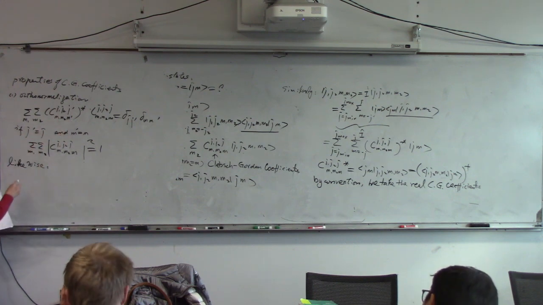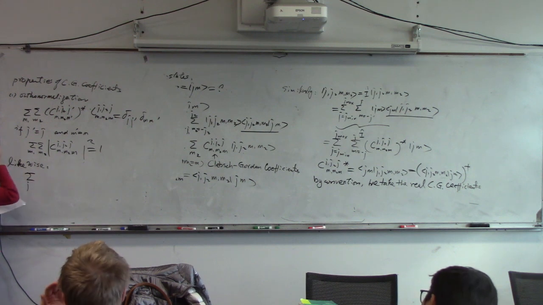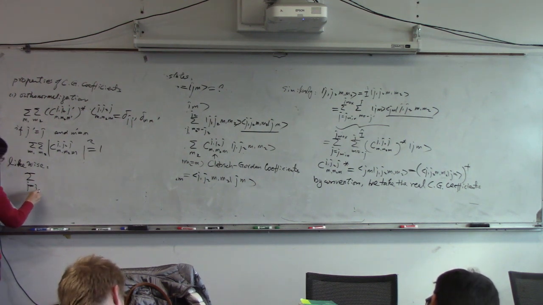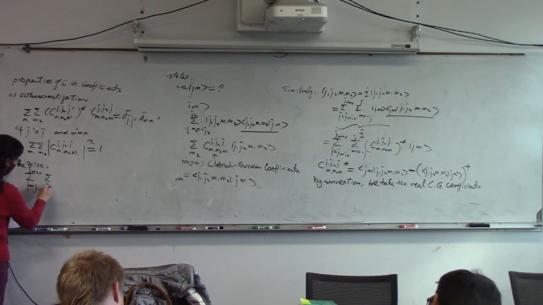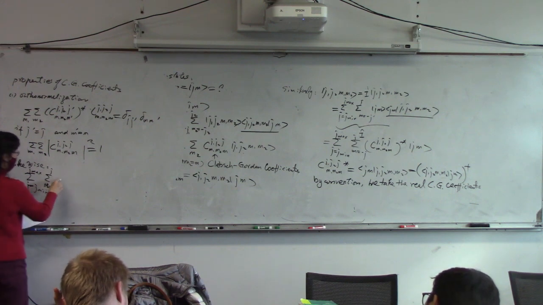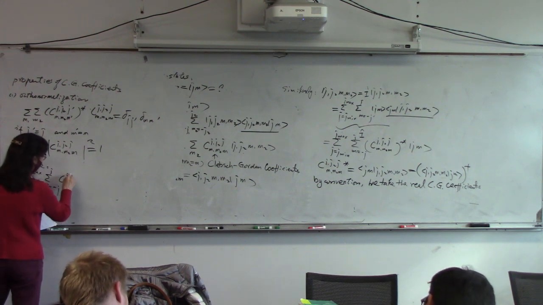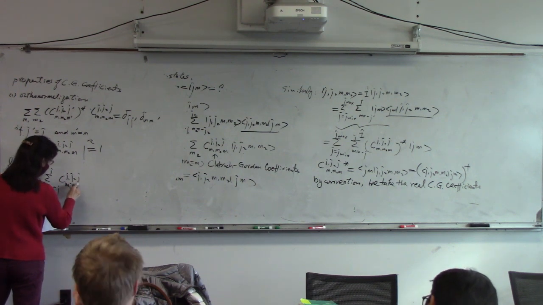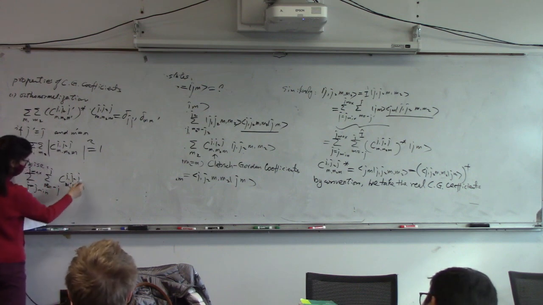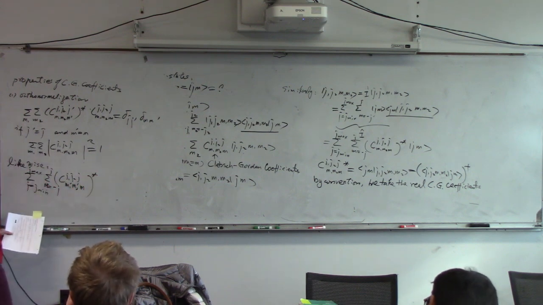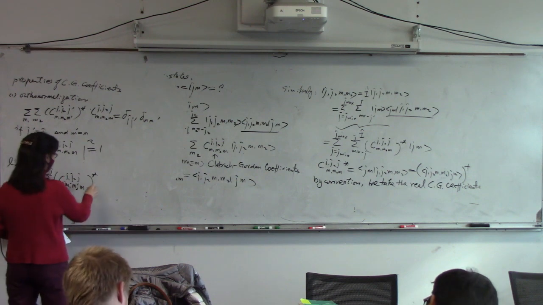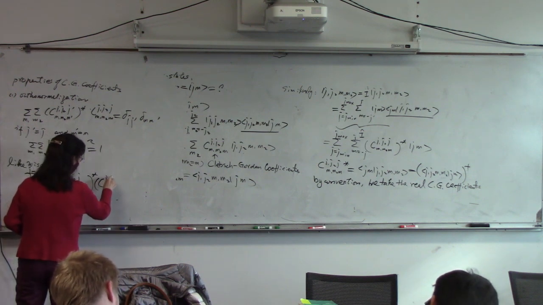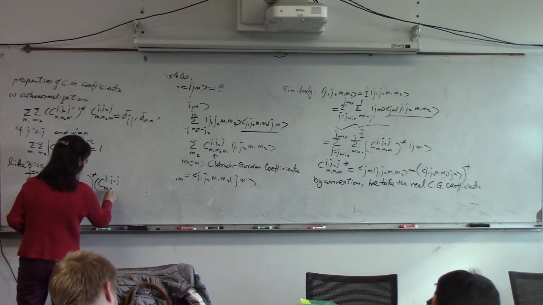Then sum all the G and M, G from G minimum to G maximum, M from minus G to G. Then this Clebsch-Gordan coefficient G1, G2, G, M1 prime, M2 prime, M, and G, its complex conjugate, and we know that it is real, right? So that is C, G1, G2, G, M1, M2, M.